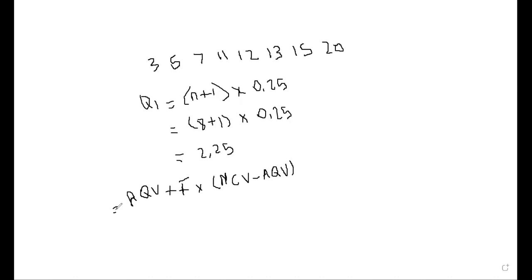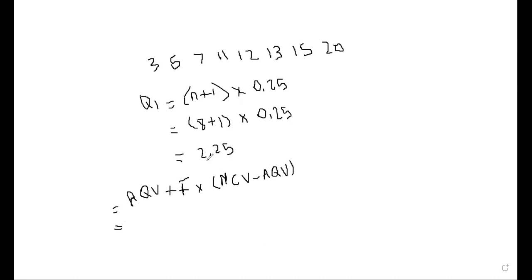So according to what we got, what is our approximate quartile value? What is our AQV? You got 2.25 as the position. You can ignore the part after the comma, which is basically your fractional part.